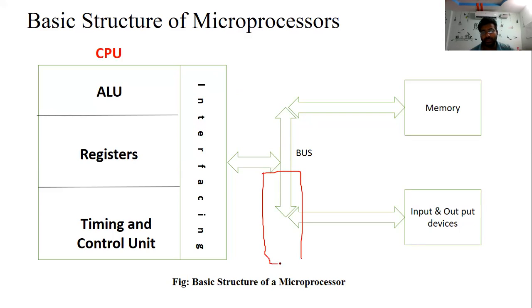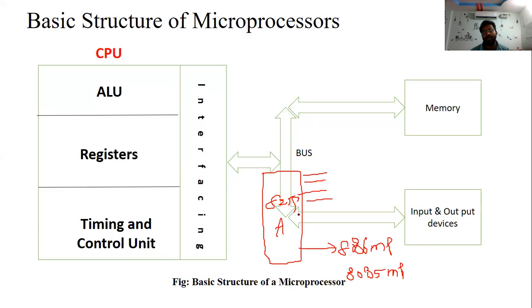By connecting the input output devices to the 8259A, it is used to connect to the 8086 microprocessor and, at the same time, the 8085 microprocessor. So what is the use of this device? By using this device, we are able to connect 8 interrupt devices.